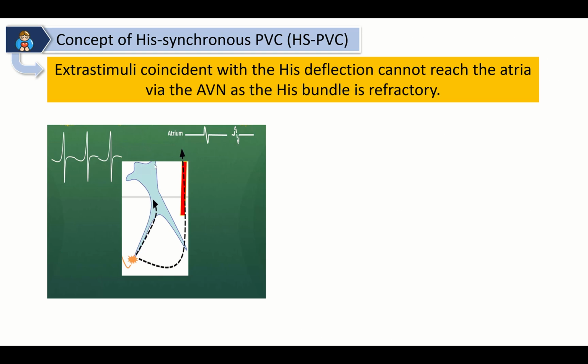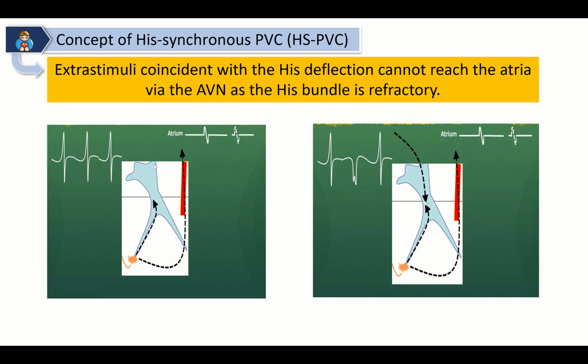Let's go to the next advanced maneuver to discriminate AVRT from other SVT, and the concept of His synchronous VPC is extremely important. When we give a ventricular extra stimulus in the presence of an accessory pathway and the impulse goes retrograde to the atrium, we don't know whether the retrograde conduction was nodal or through the accessory pathway.